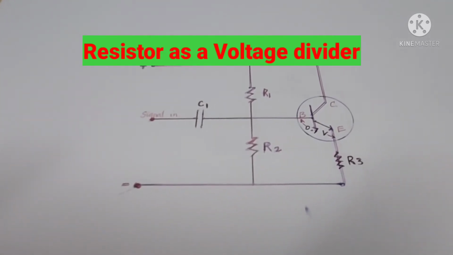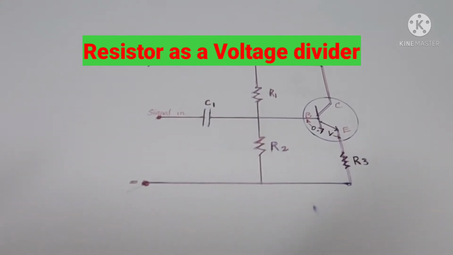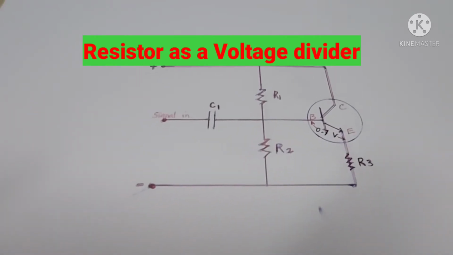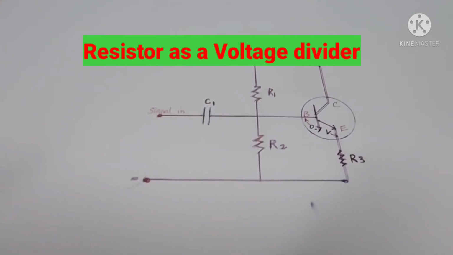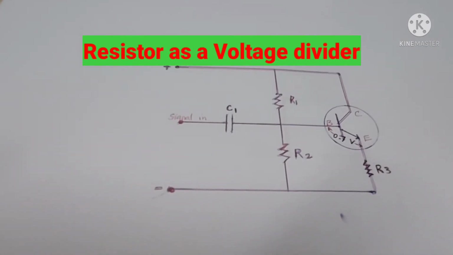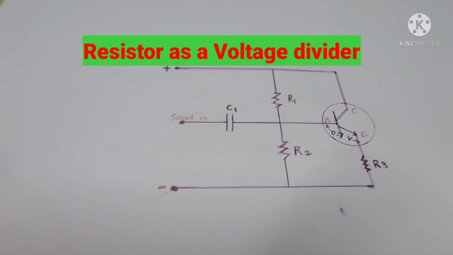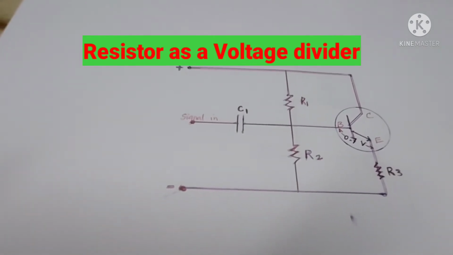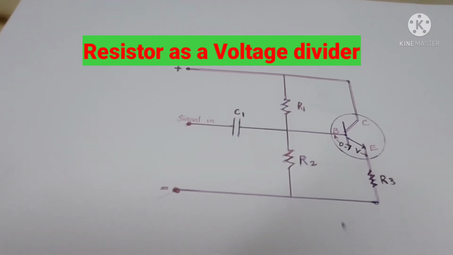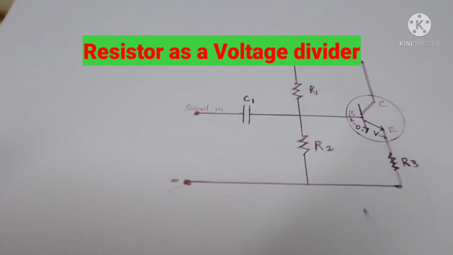If you place a resistor in the collector, it is used to convert the collector current into voltage. Its resistance is chosen high enough to saturate the transistor and low enough to obtain low output resistance.